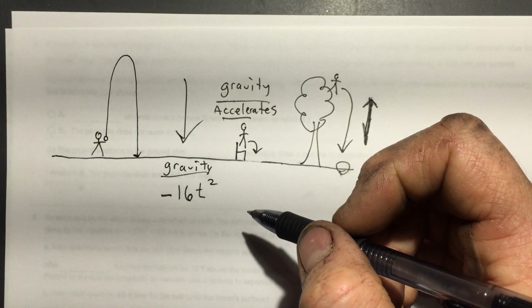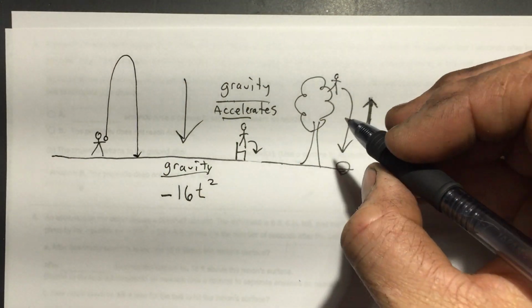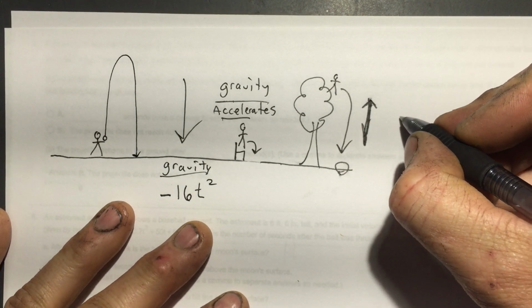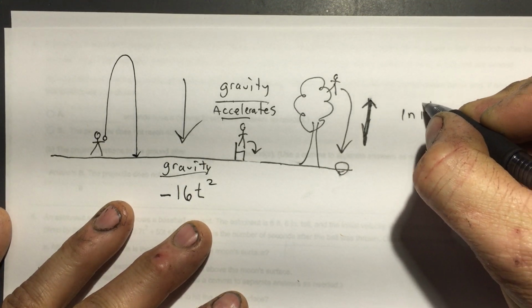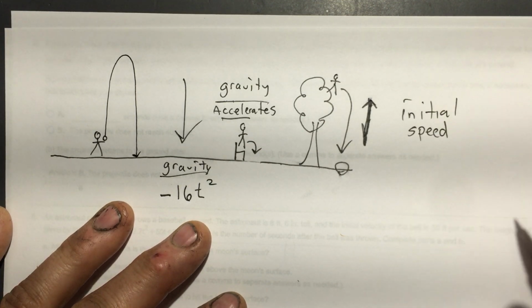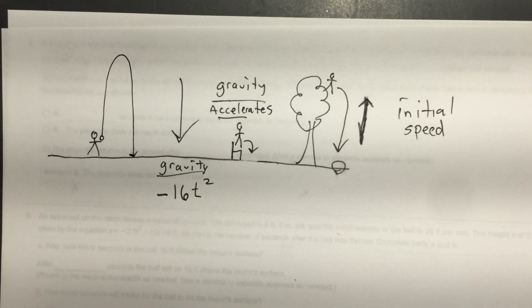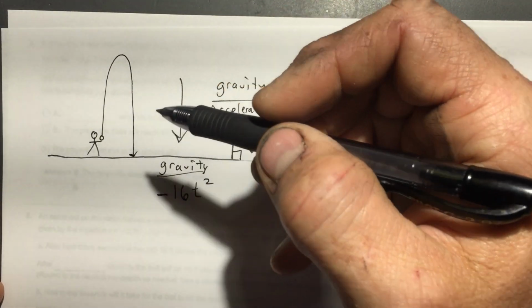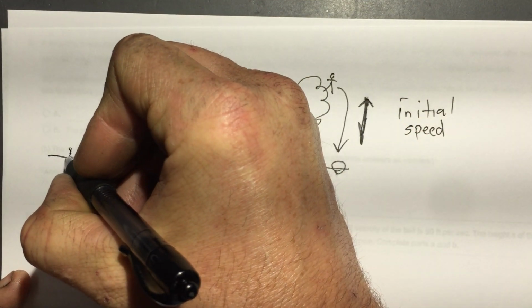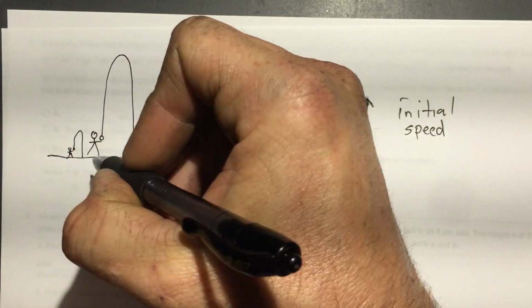Okay? Now, what else affects the way this ball travels? One thing that affects it also is the initial speed. How hard you throw the ball. It will affect how high it goes in the air. A little kid, you got a little baby or a little toddler, he throws the ball in the air, well, he may not throw it very high at all.